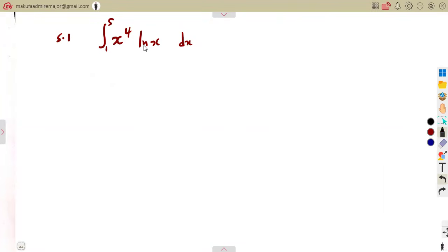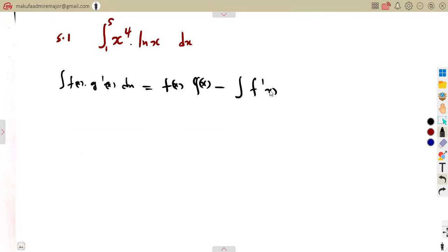So there's nothing, guys, it's the product. We talked about this, product by parts. Remember, our by parts method: f of x times g prime x dx is equal to f of x times g of x minus the integral of f prime x times g of x dx. So in this case, remember I said we must test. We can differentiate this, we can differentiate this.